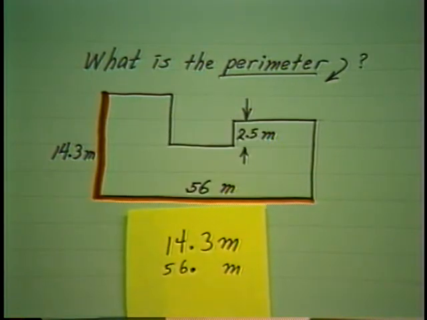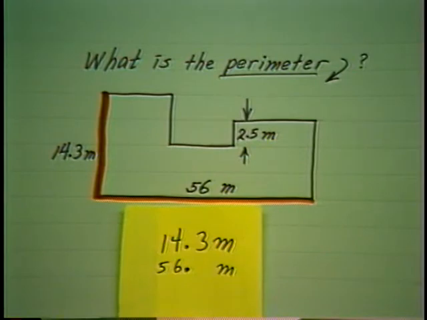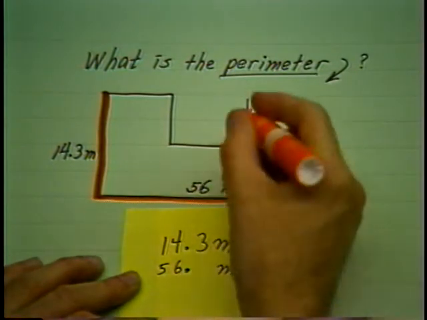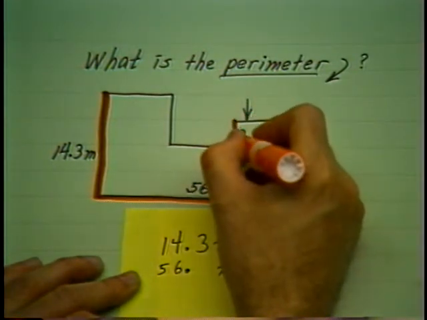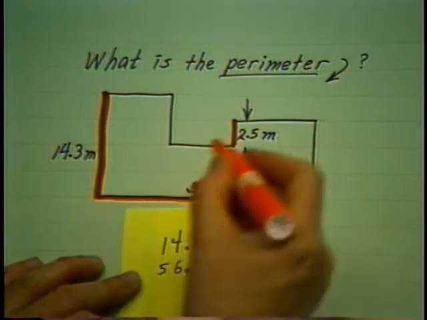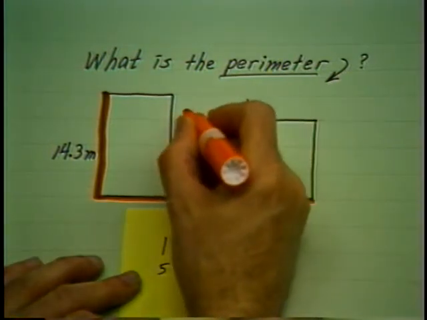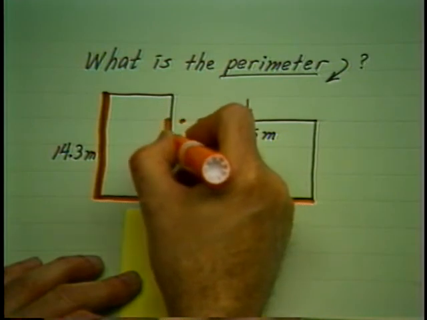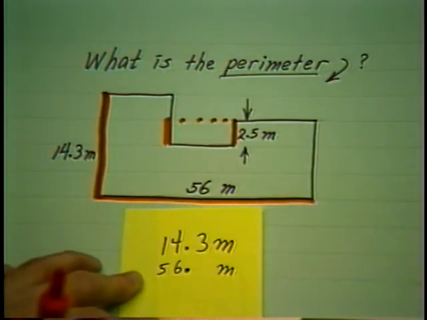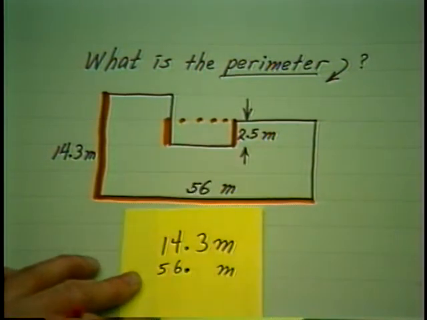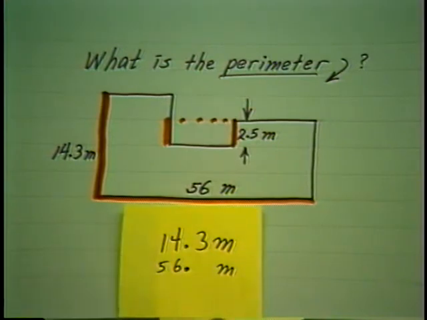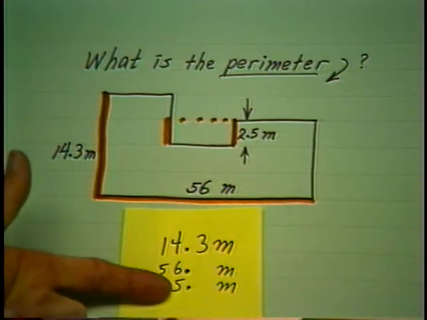Now it gets a bit tricky. It seems as though they didn't tell us much else, but they did tell me this length is 2.5 meters, and we can see by projecting it over that this much of this side would be the same thing. So that plus that is 5 meters, so I'll add that on, and we have it here.